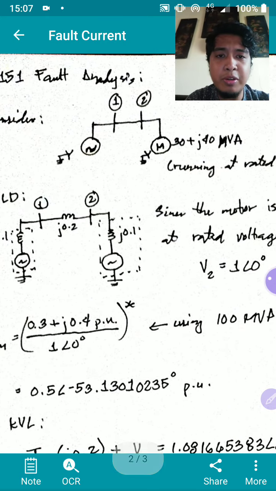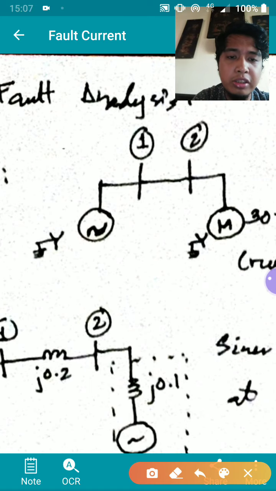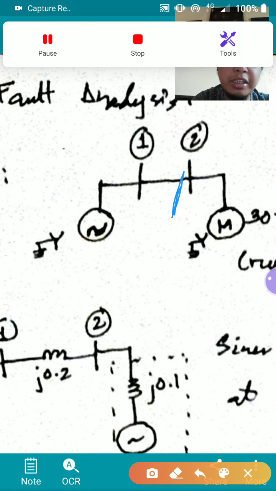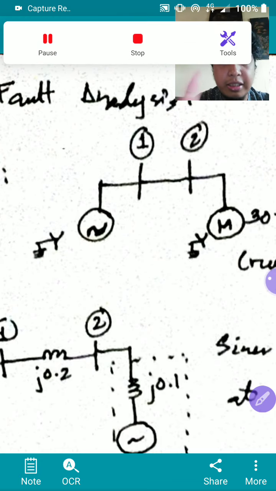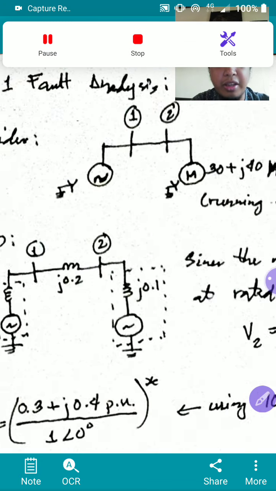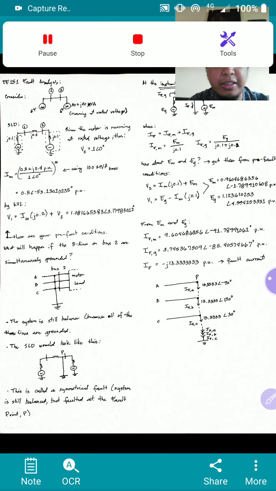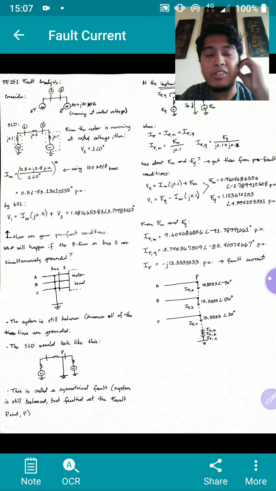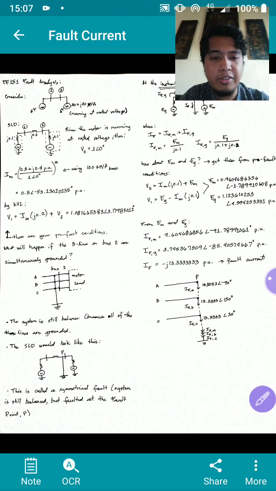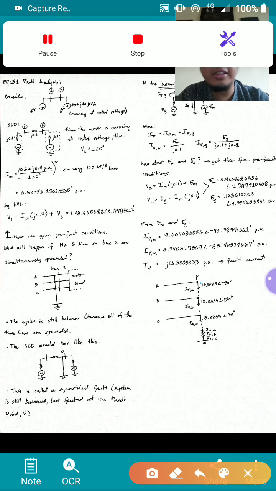For this example, we assumed that your fault happened here. For some cases, your fault may happen somewhere 50% of the line or 30%. But yeah, there are other approaches for that. But for now, let's just assume that your faults happen at the bus terminals. Okay, so I guess that's it for the TEC.